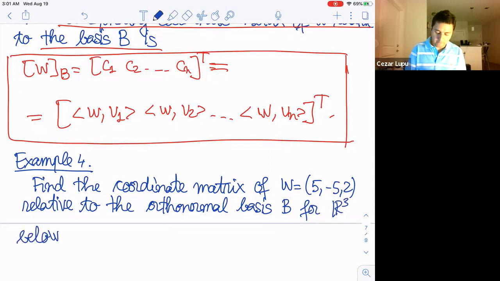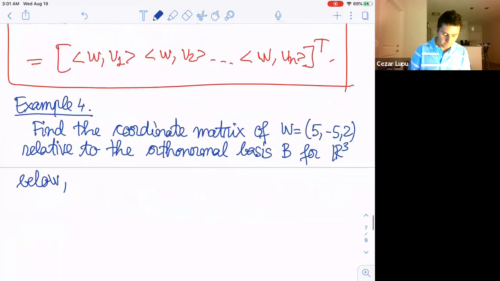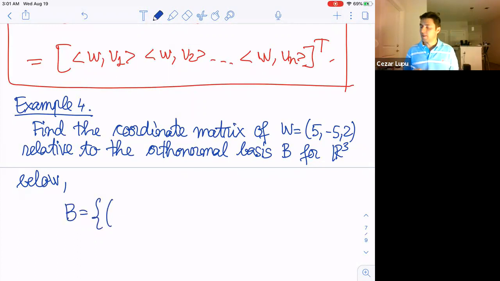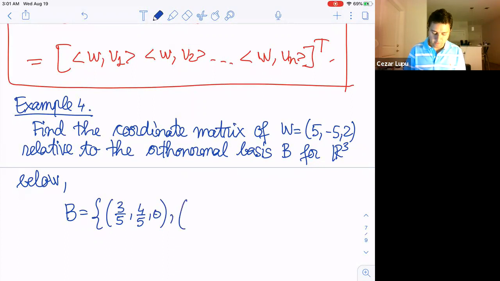And we're going to want to pick the following basis. And let's be careful here. The first vector will be (3/5, 4/5, 0). We'll denote them afterwards.